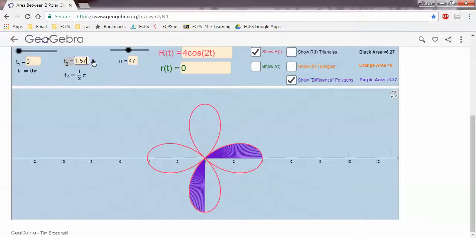It's very confusing because polars don't move in a linear direction. As your thetas get bigger, your r's don't necessarily always get further away from the y-axis.